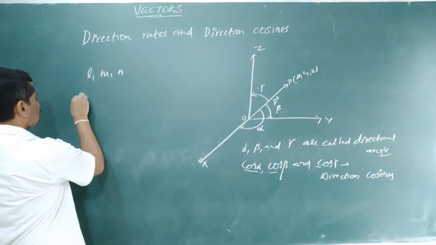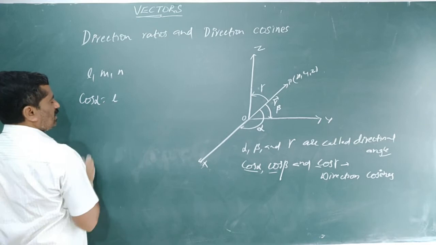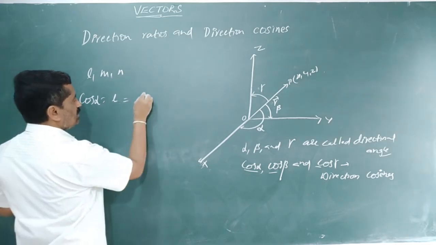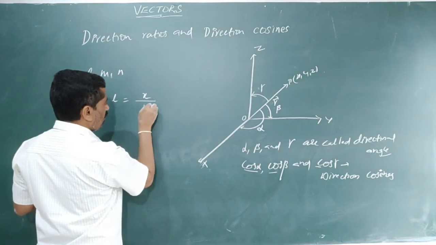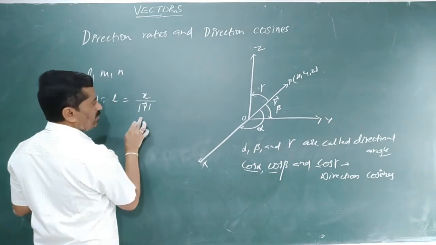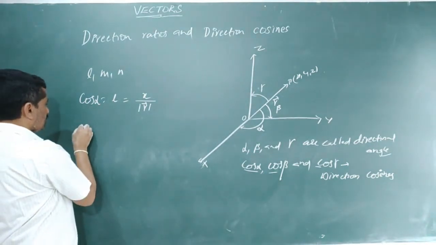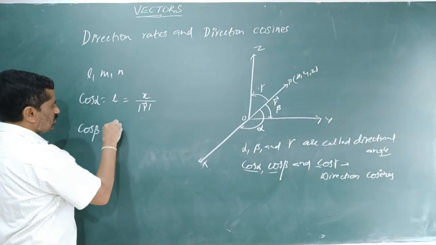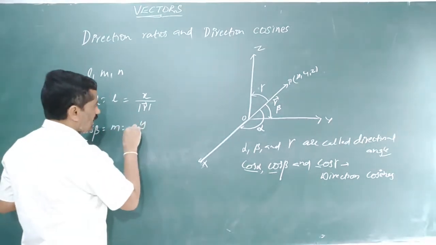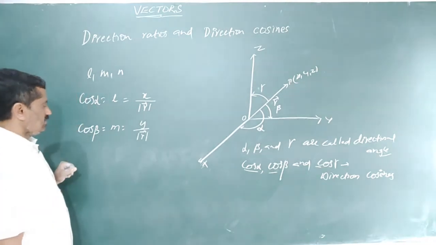That is cos alpha is equal to L and it is given by x divided by magnitude of r bar. It is a vector. Again, cos beta is equal to m, that is equal to y divided by magnitude of vector r.